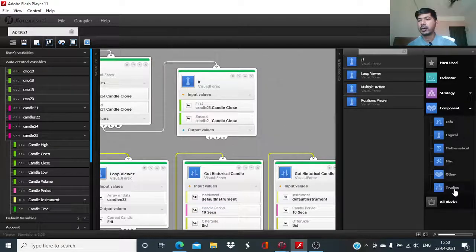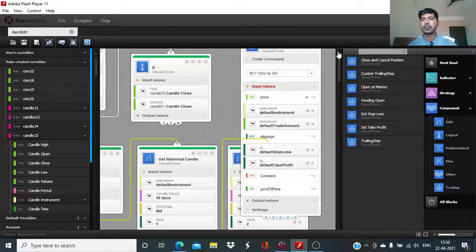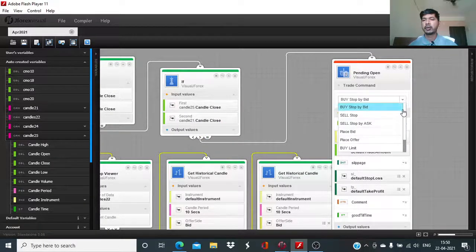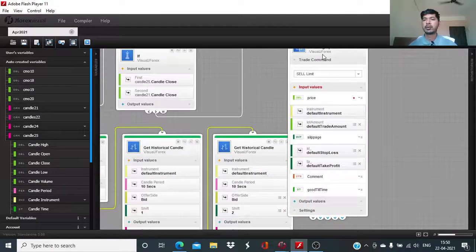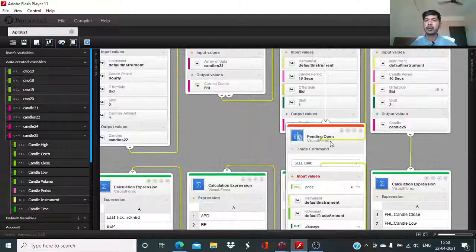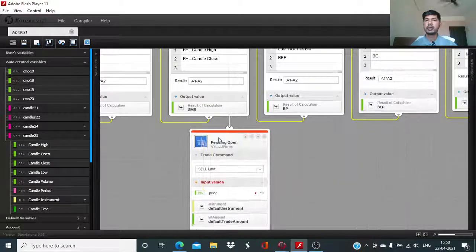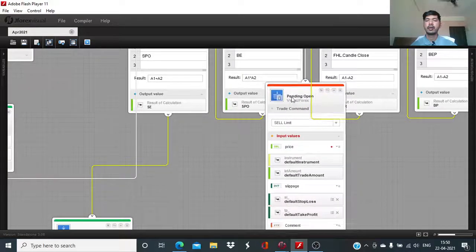I will bring in the pending open block, and this will be a sell limit order. And the price has been defined here.